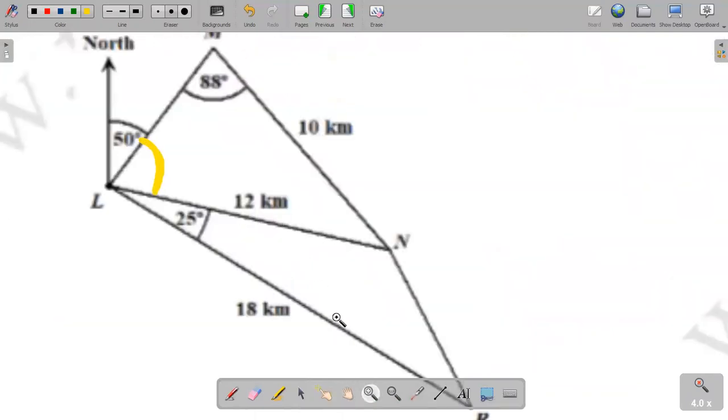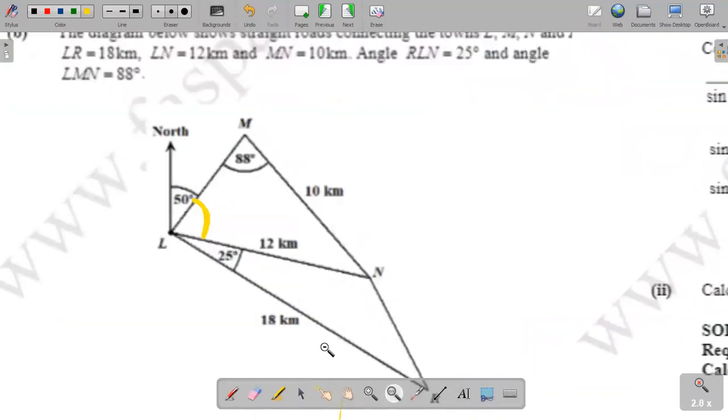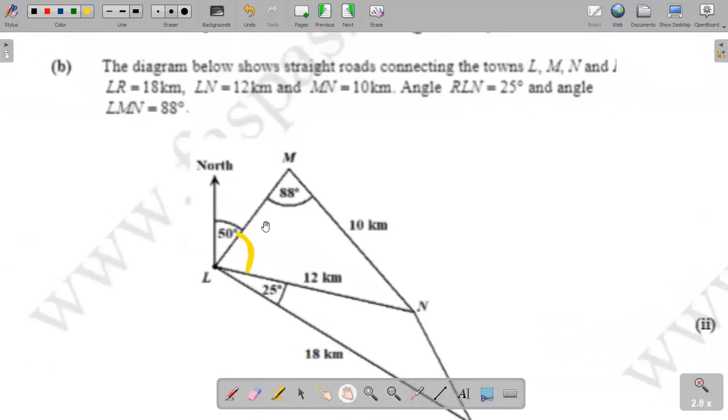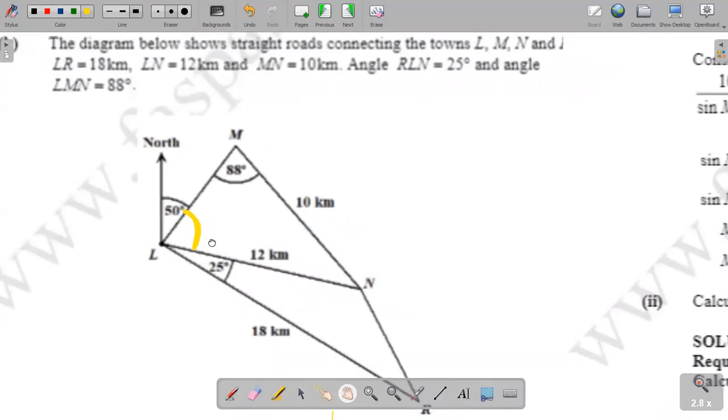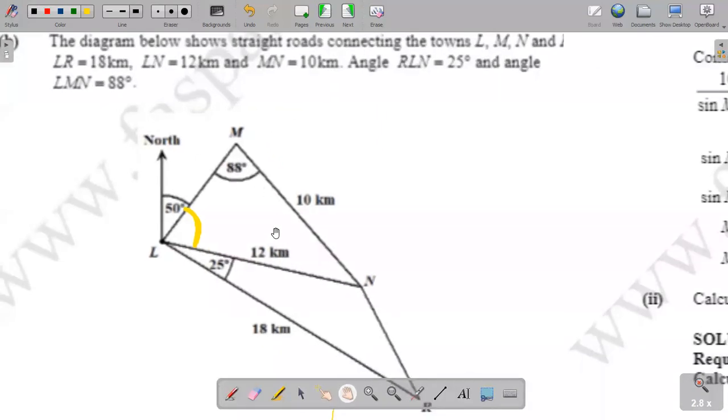Let's look at what they gave us. They ain't give us the bearing, so we can't subtract. You realize that, right? So look at the triangle. What did the triangle give us? It gave us two sides and an angle. Is the angle between or not between? So which rule do we use then? The sine or the cosine?